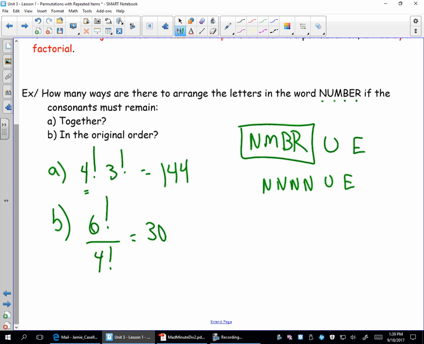There's only 30 ways of doing things where they're in the original order. And so that's kind of a tricky idea. Do I want them together, or do I want them in a specific order? And depending on the way it's worded, you have to approach them in two different ways.